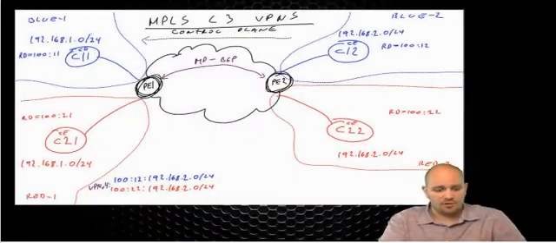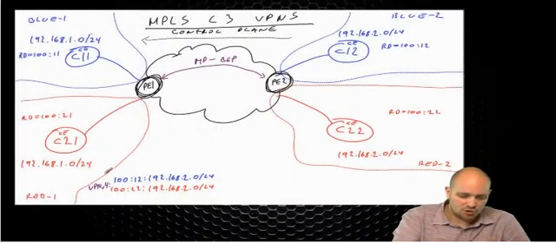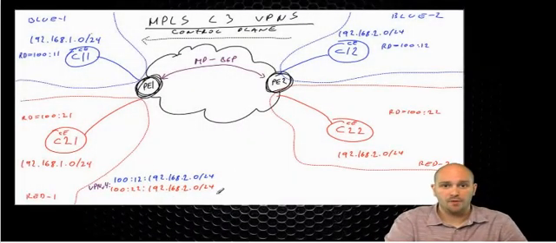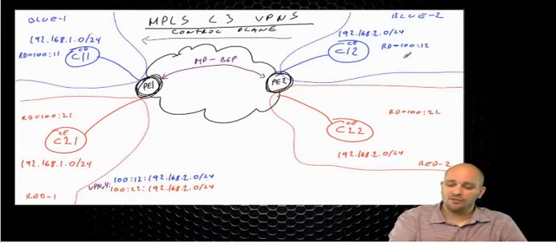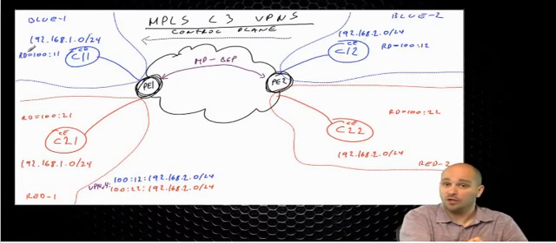The route distinguisher here was used to make these routes unique in our BGP table. But as we can see, the route distinguisher on this side here and the route distinguisher on this side here don't match, which means that this doesn't actually help us in sorting the blue route into the blue domain and the red route into the red routing domain.